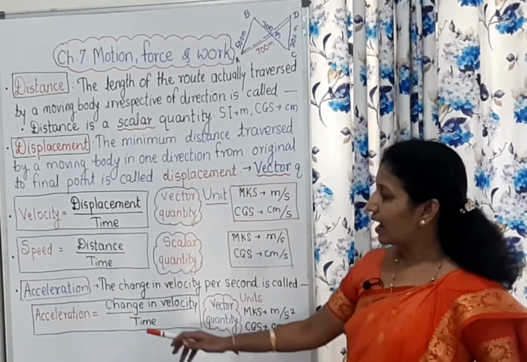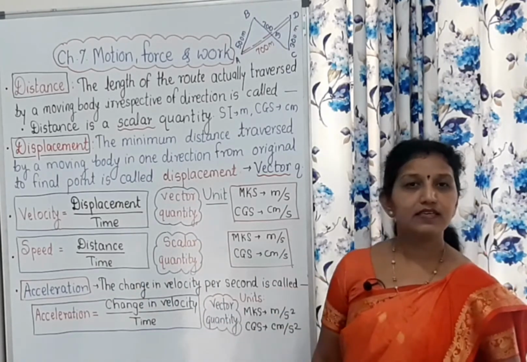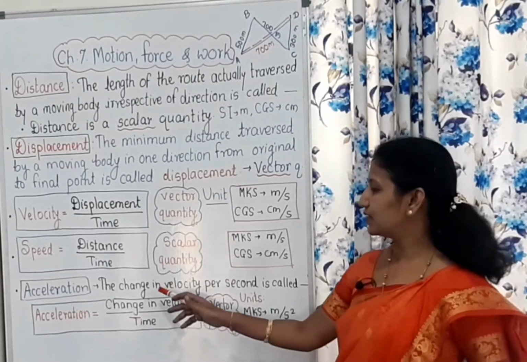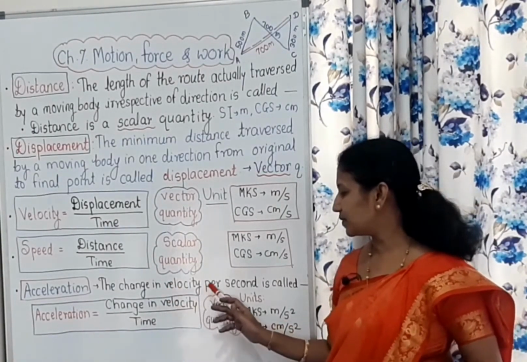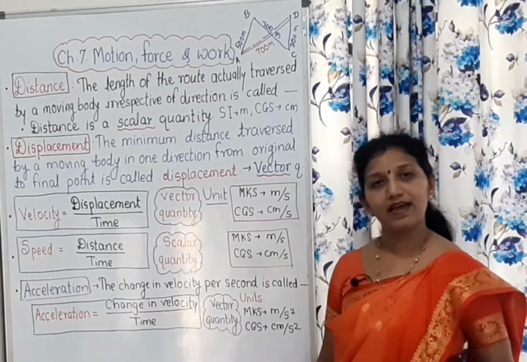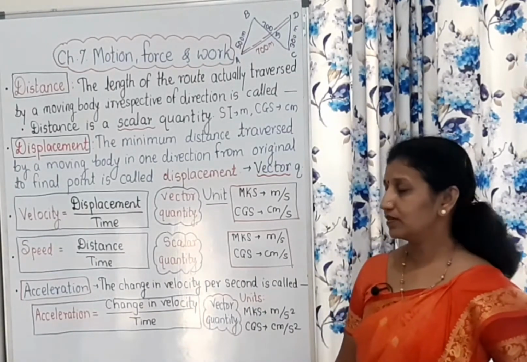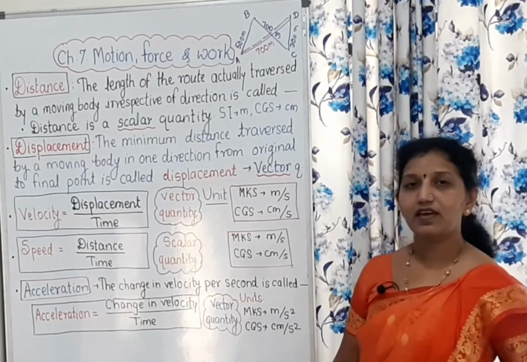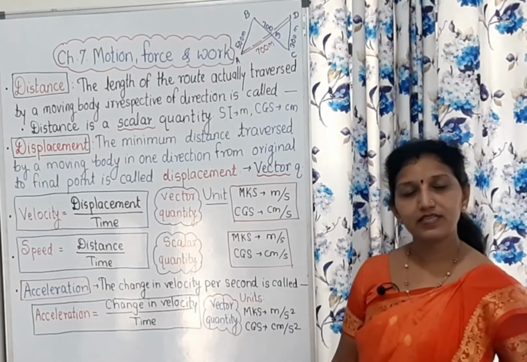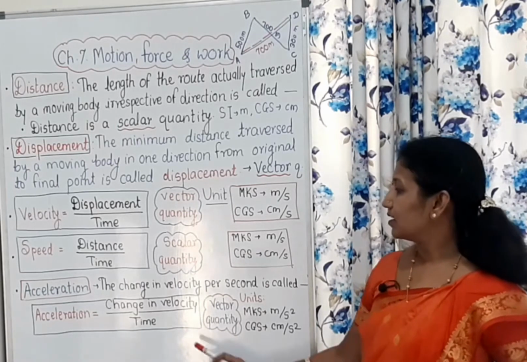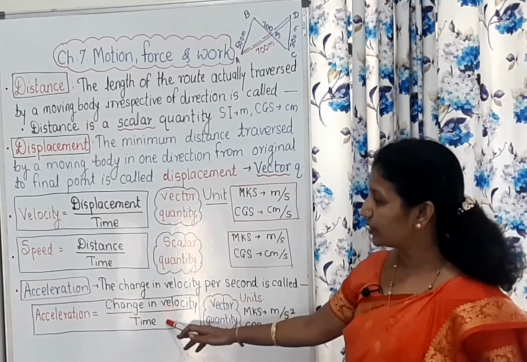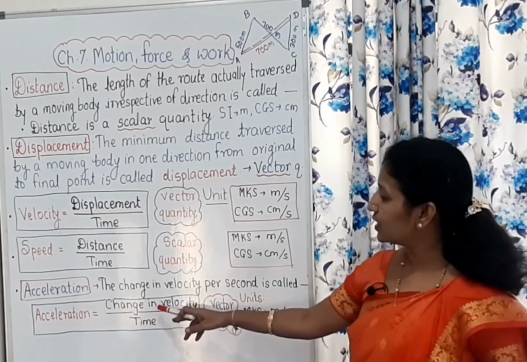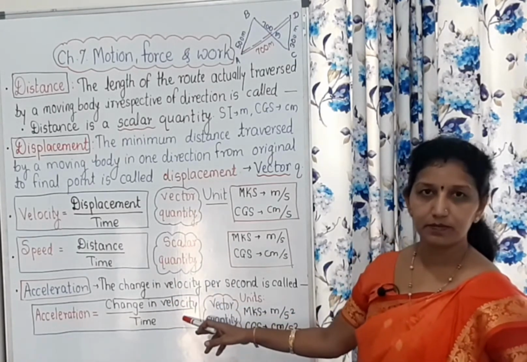Then, acceleration is the next quantity that we have to study. The change in velocity per second is called acceleration. As per the definition, we can derive the formula: acceleration is change in velocity upon the time taken.